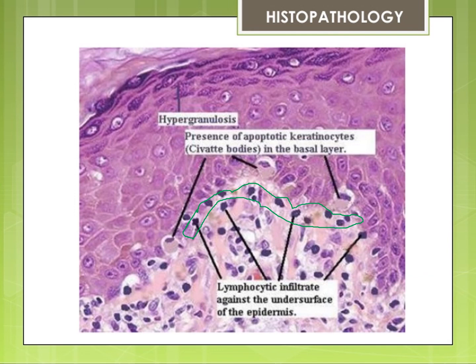This is the microscopic view, the interface dermatitis. I have marked with this green ink the presence of the lymphocytic infiltrate, and it is also marked with these black lines. The lymphocytic infiltrate is present at the junction of the dermis and epidermis.